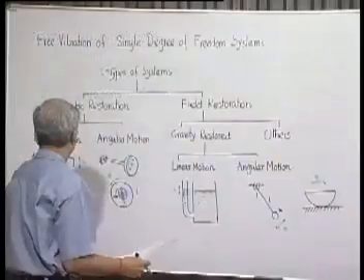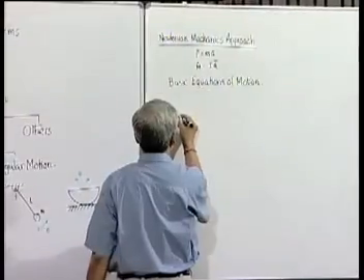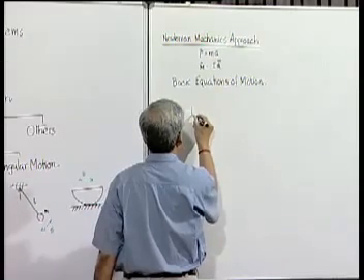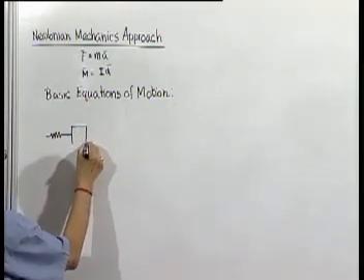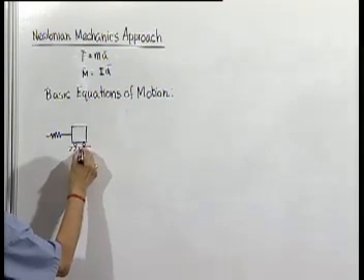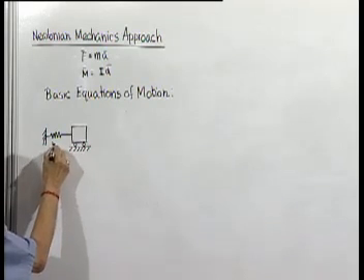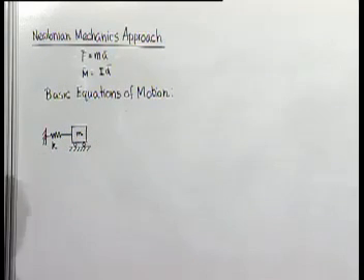So this one. Now one thing we have to keep in mind, that we have to consider the system to be in stable equilibrium. So this is the simplest possible system we have taken up.